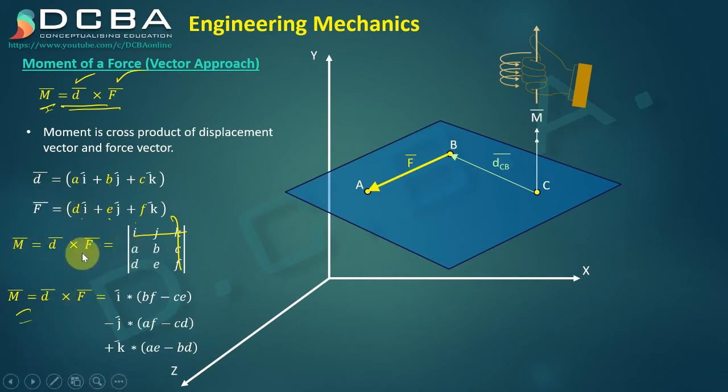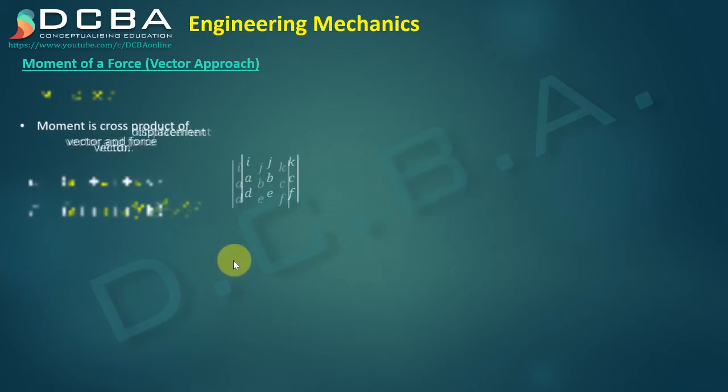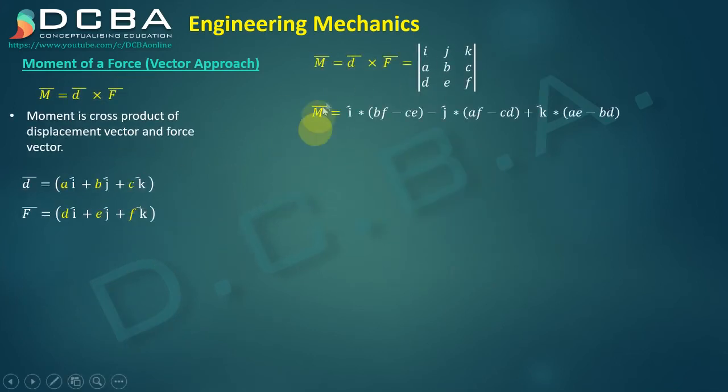This is just the general cross product rule. This is the final vector, the moment vector that I've got.